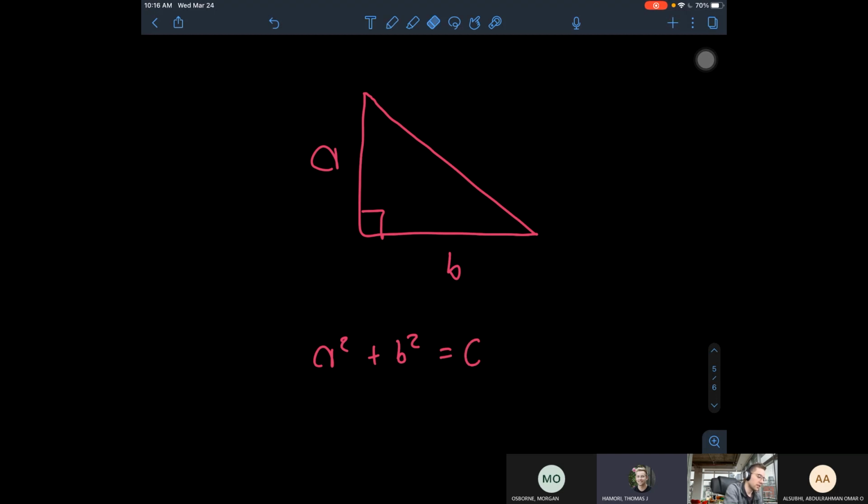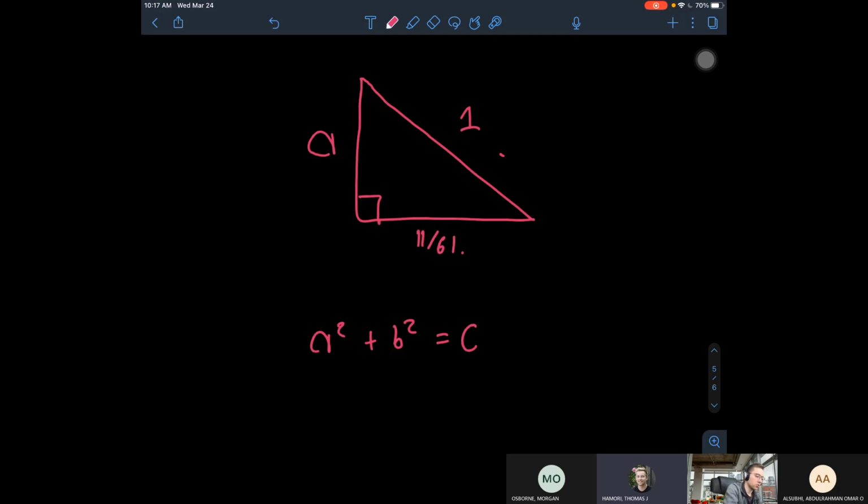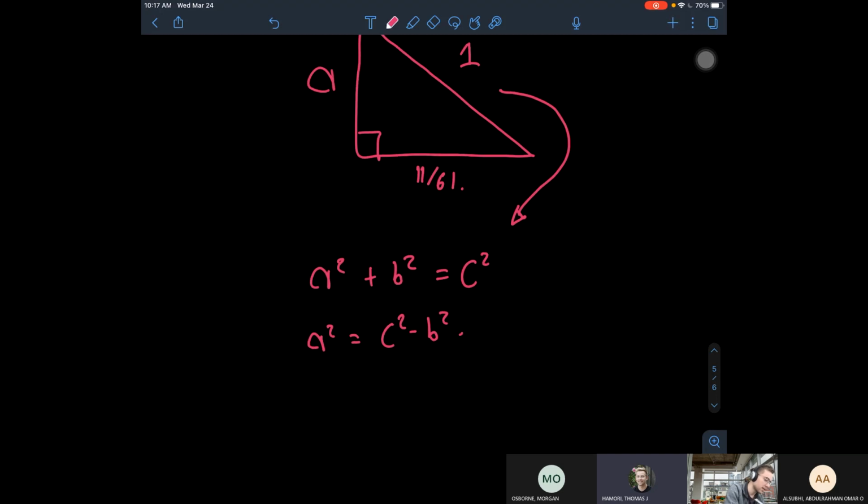So if instead I told you that this side is 1, and this side is 11 over 61, would you be able to figure out what an equation is which involves A? Would it be A squared is equal to C minus B squared? Oh, sorry, this should have been a squared, by the way. Yeah, so A squared will be equal to C squared minus B squared. That's true. What is C and B?